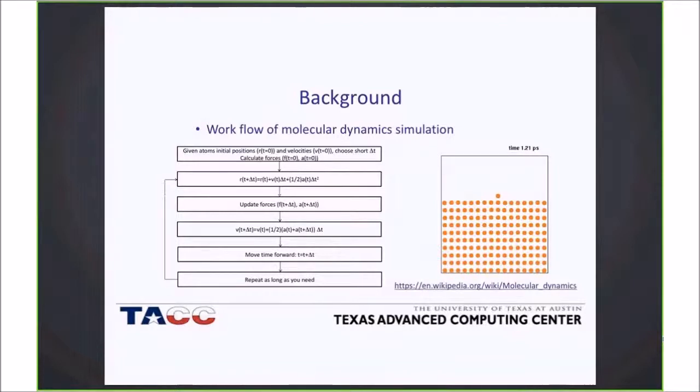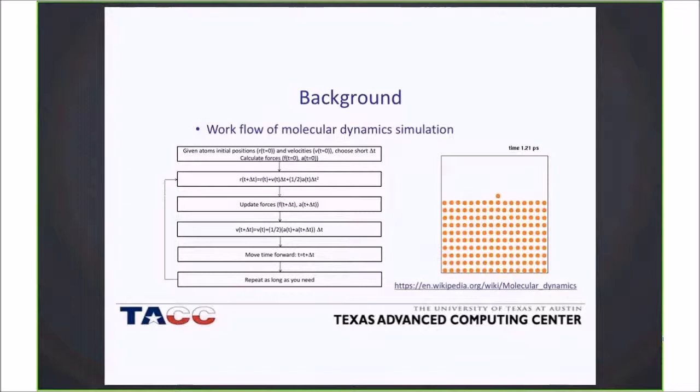Given the initial coordinates and the velocities, the system can evolve according to Newton's second law of motion. There are several different integration algorithms available. On the left side, it shows the Verlet scheme.